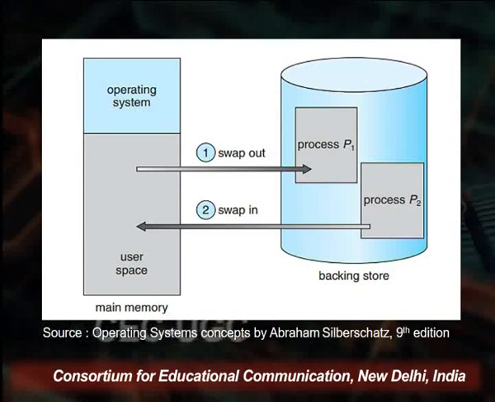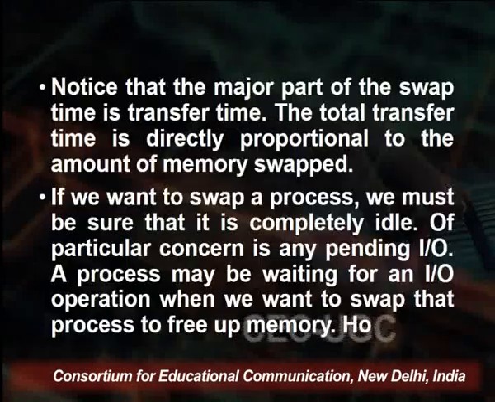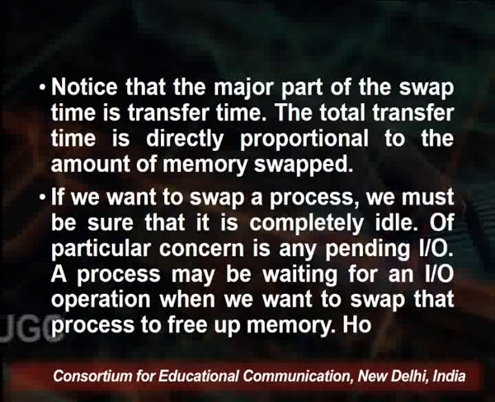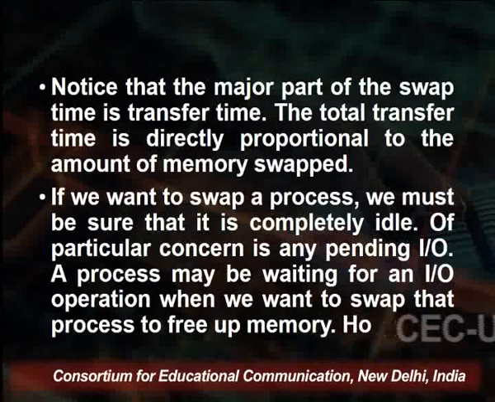So, this movement of processes is actually swapping. Now, if you can see, the major part of this activity is the transfer time, and as far as transfer time is concerned, the larger or bulkier the process, the more the transfer time is going to be. That is one thing which is very sure, that the major part of swapping is taken by the transfer time, and this total transfer time is directly proportional to the amount of memory swapped.